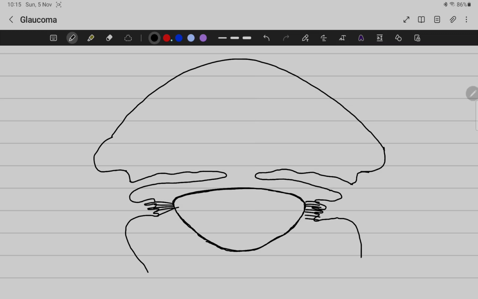So I have drawn this diagram and we'll try to learn a few things from this. This is your lens, these are your ciliary bodies, this is your iris, here you have your iridocorneal junction, your iridocorneal angles. And here you have your aqueous humor.